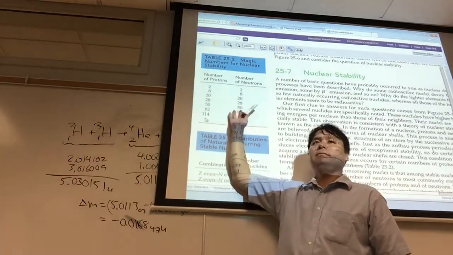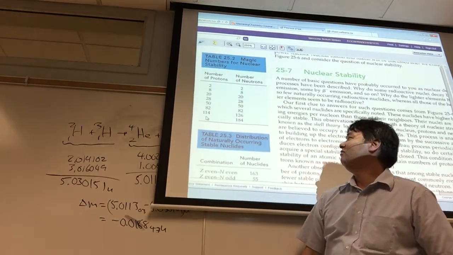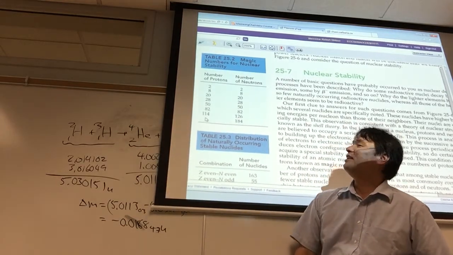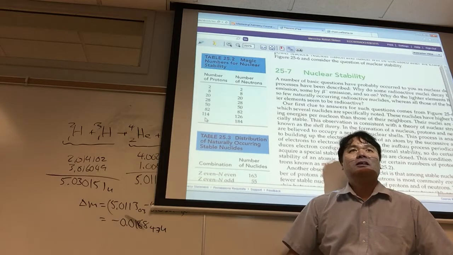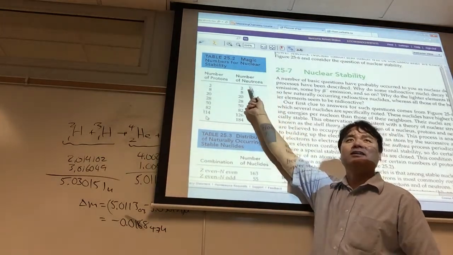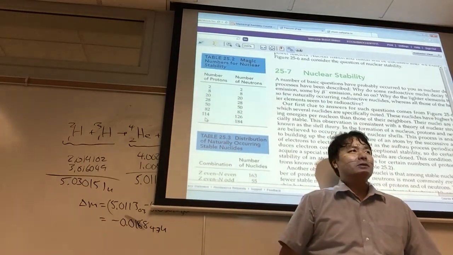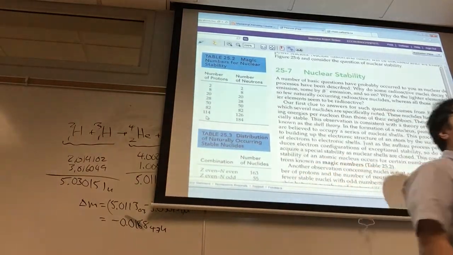This has some extra stability. And so, what do we call these? These are called the magic numbers. That's the magic number pattern.